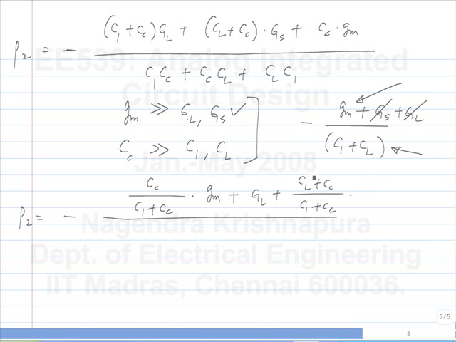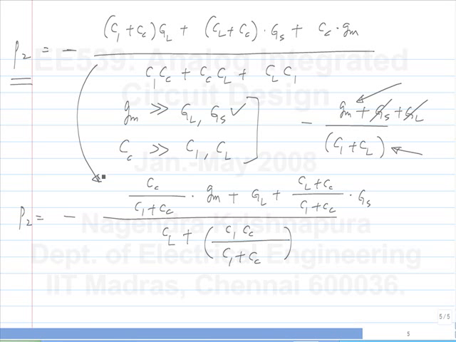I divided the numerator by C1 plus CC and the denominator by the same thing. So in this case, beyond making the approximation to compute P2, I have not made any further approximation. This is the same expression as this one.